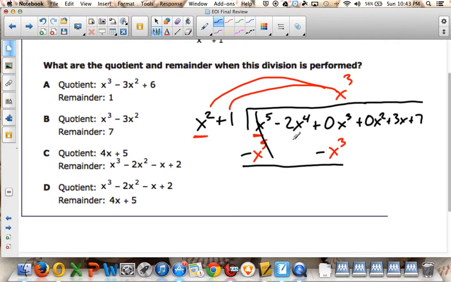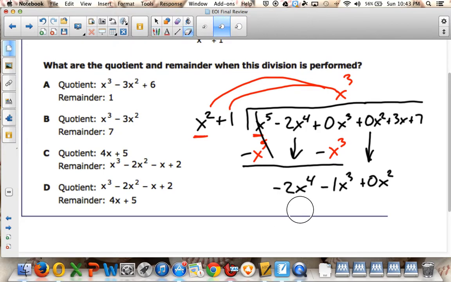Then I just bring this term down, negative 2x to the fourth, and 0x cubed minus x cubed is negative 1 x cubed. Bring down my next term. I have 0x squared. Now I have to eliminate again my first term, and my first term down here is negative 2x to the fourth.